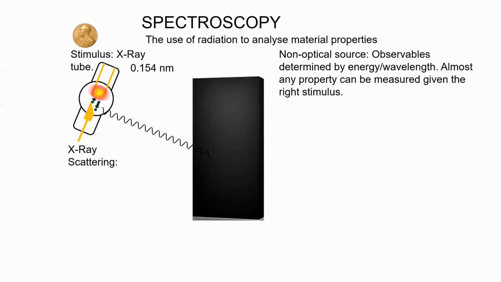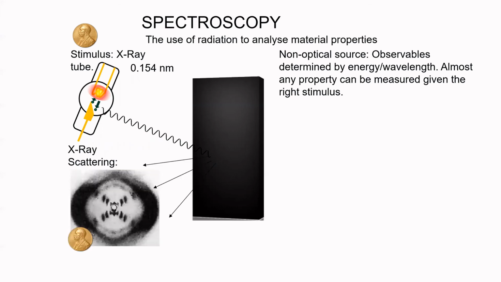For example, if you use X-rays as a stimulus, where you're looking at wavelengths which are a fraction of a nanometer, then in the first instance the reflected, scattered X-ray light can tell you an awful lot about the structure of the material. It tells you about crystal structure, you can find out more about nanoscale structure, and you can find information about density and molecular geometry.